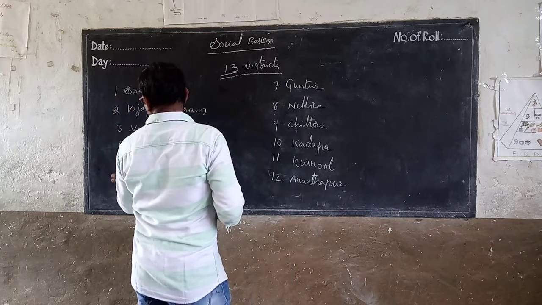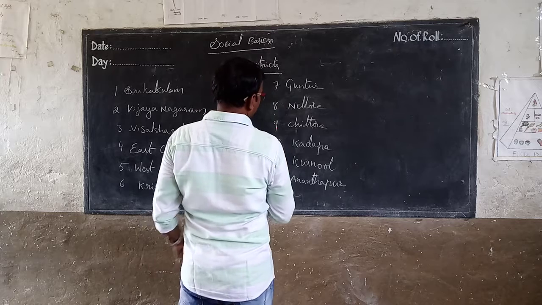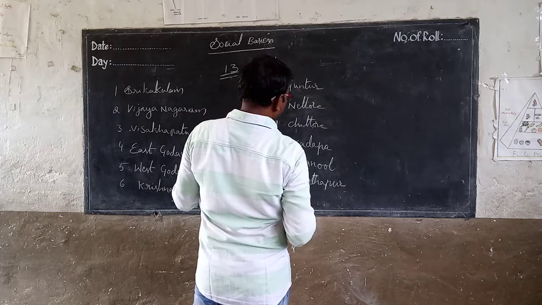1, 2, 3, 4, 5, 6, 7, 8, 9, 10, 11, 12. What about Andhra?